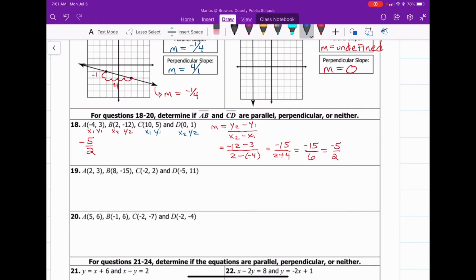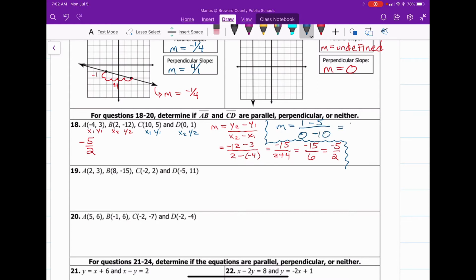All right, now for C and D. M is equal to y2, which is 1 minus 5, divided by 0 minus 10.